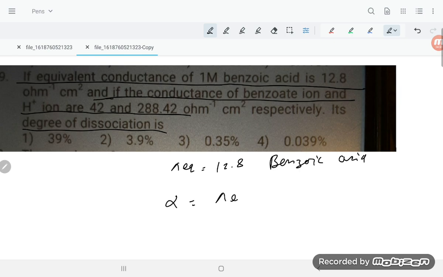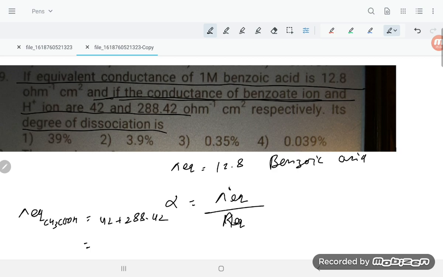So α is equal to Λeq upon Λ∞. To calculate Λ∞ for benzoic acid at infinite dilution, you add them: 42 plus 288.42, which is about 330.